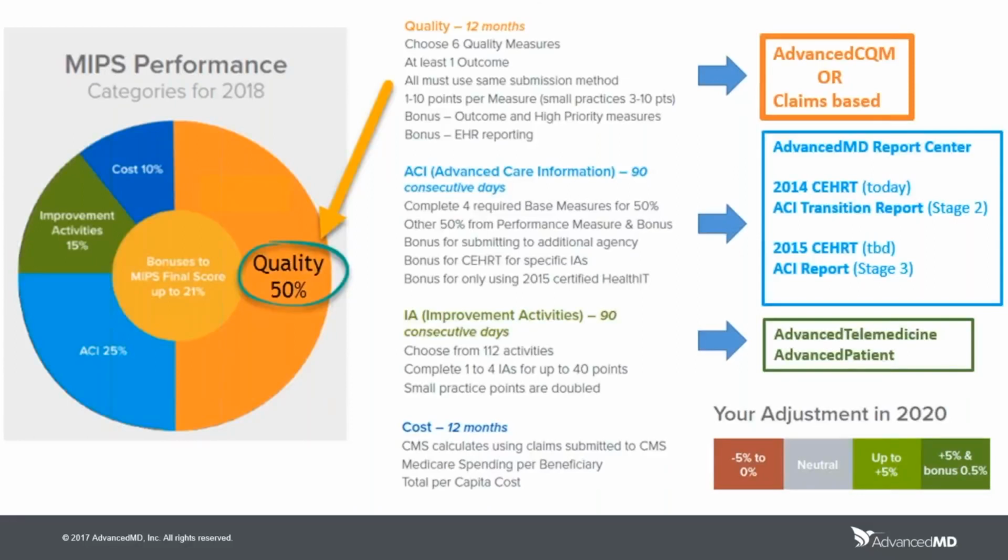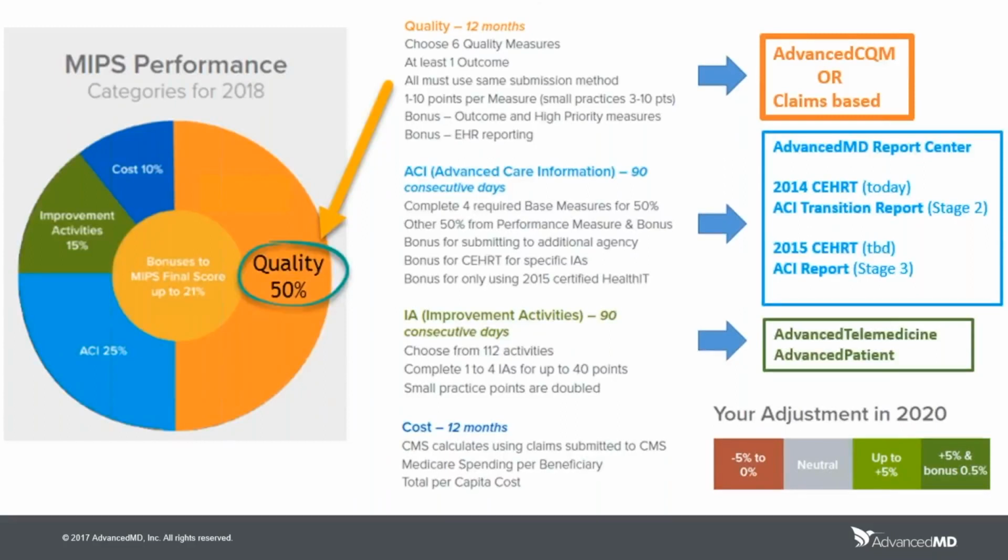The category is comprised of two scores. You have the base score and the performance score. And the base score requires either a yes or no, or at least one for numerator and denominator for all base measures. And then the performance score is based on the performance rates for selected measures.